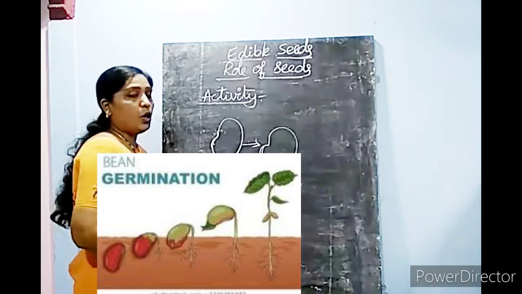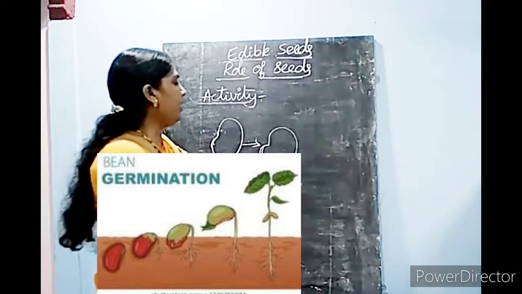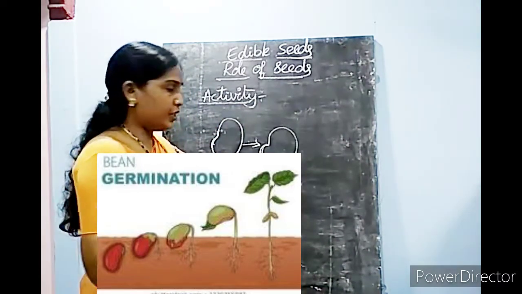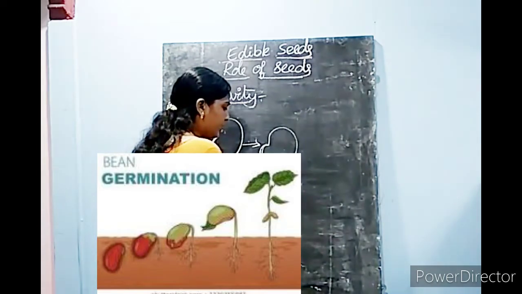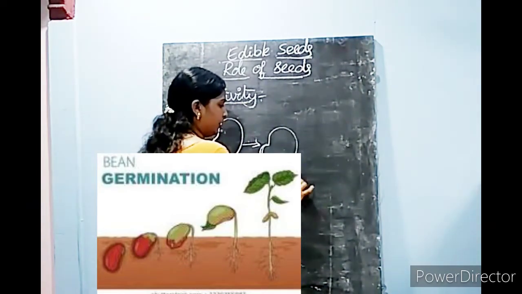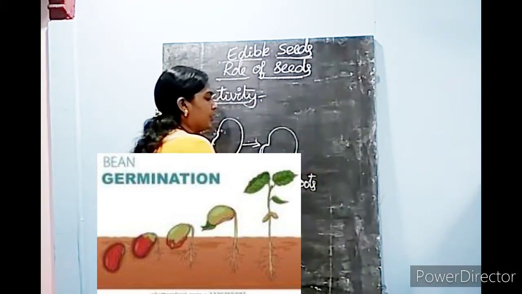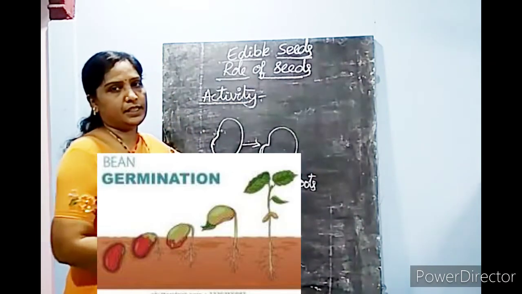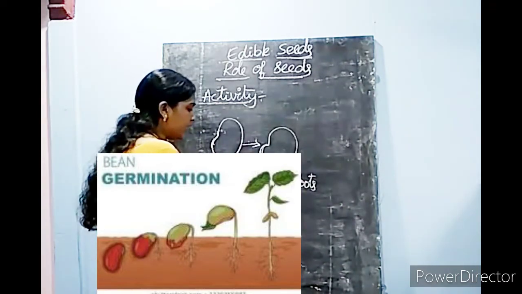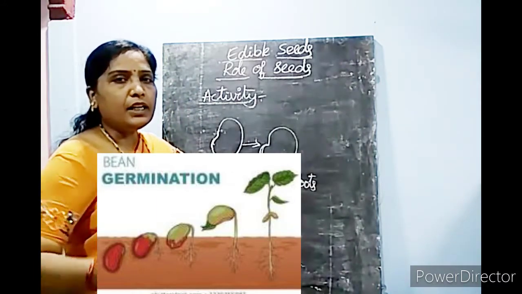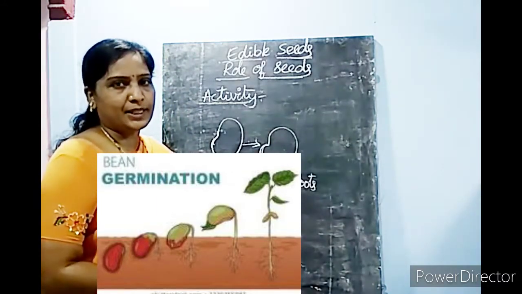When you supply all these three, then only it can give rise to the roots first. First, which part comes out? The roots are coming out. The roots come out when you supply the required materials. Among these three, if any material is not there, the seed cannot give rise to the roots.